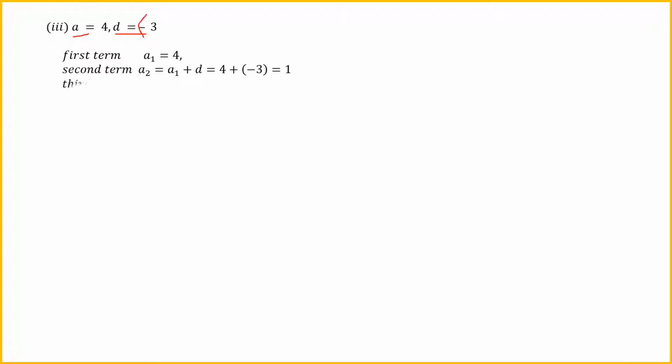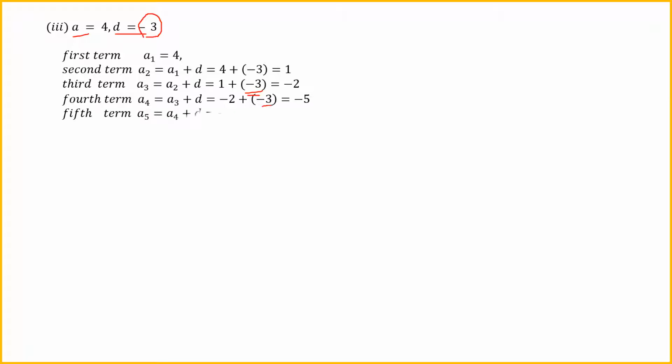Coming to the next question, A equals 4, D equals -3. So first term is 4, subtract 3, that is add -3 to 4, you get 1, and adding -3 or subtracting 3 we get -2, and if you follow it, succeeding numbers are 1, -2, -5 and -8. A equals -1, D equals 1/2.